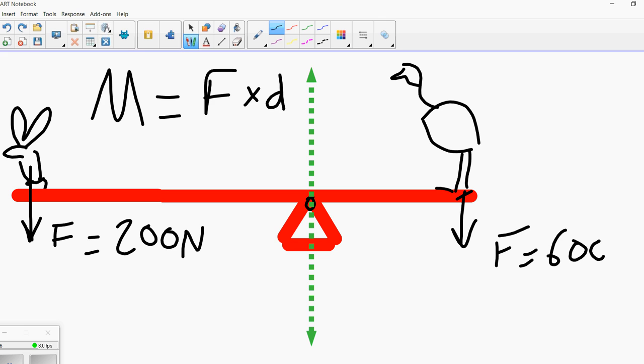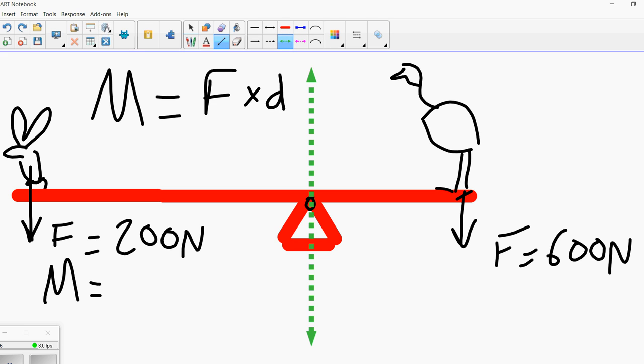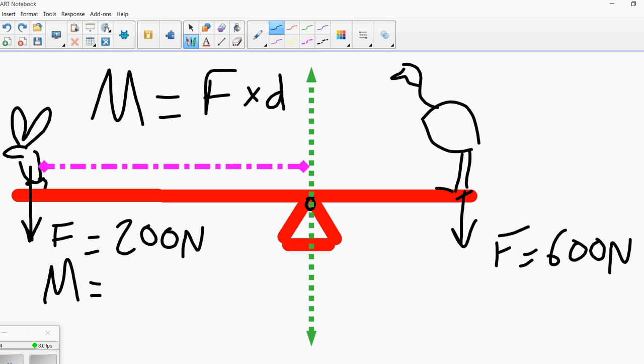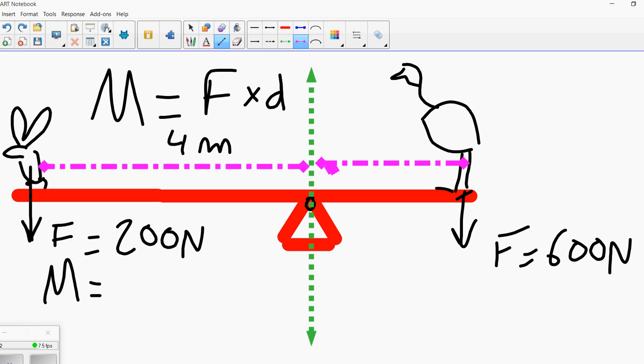Then the moment on the left is just going to be, assuming that this distance here is, we're going to say, 4 meters. And that same distance on the other side here, we're going to say is 2 meters.